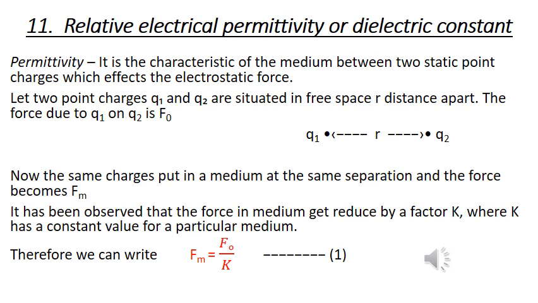It has been observed that the force in medium between the two charges is reduced by some factor k, where k has a constant value for some specific medium. According to that, the force in medium is equal to the force acting between the 2 point charges in free space divided by k.